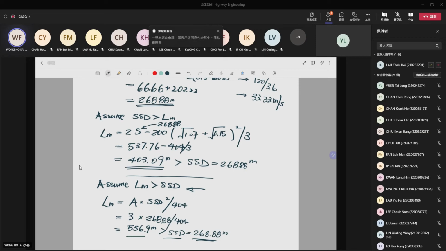That means the length of the vertical curve should be equal to 536.9 meter. And then the sight distance is equal to this, which is equal to 268.88 meter.